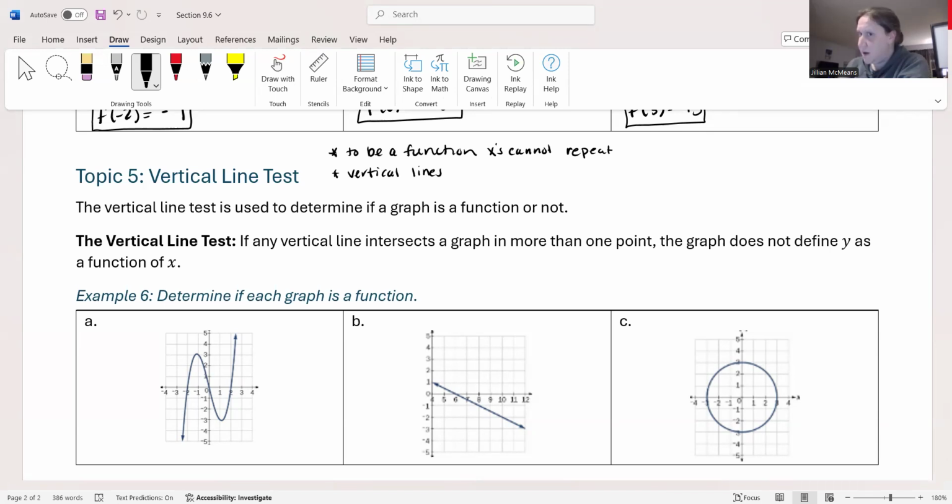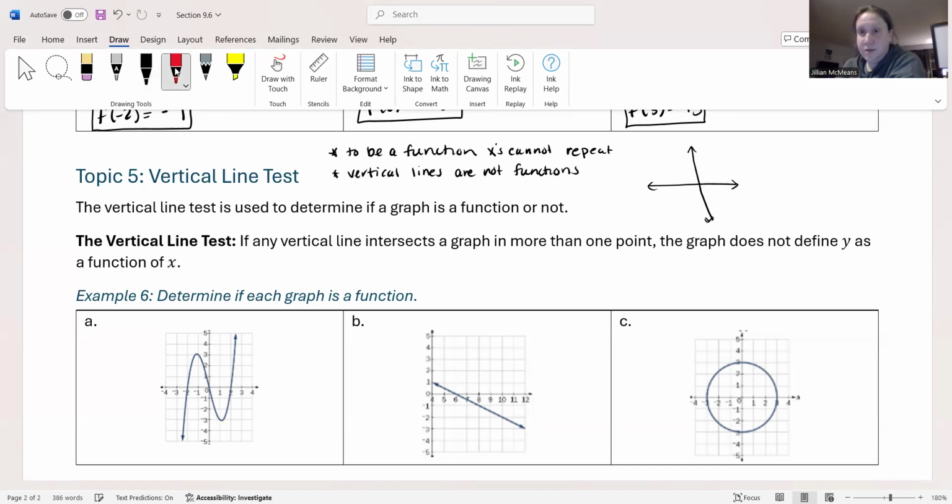You may not know that yet, but you do know this, you just don't know you know it yet. It turns out all lines are functions except vertical lines.